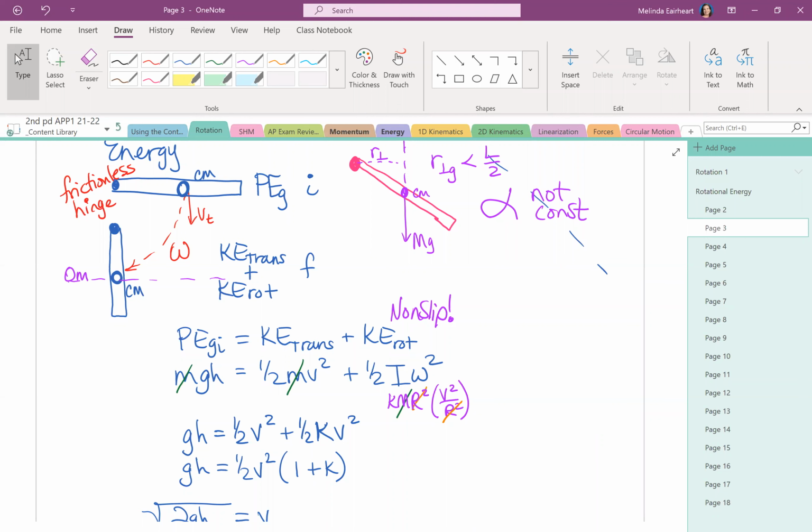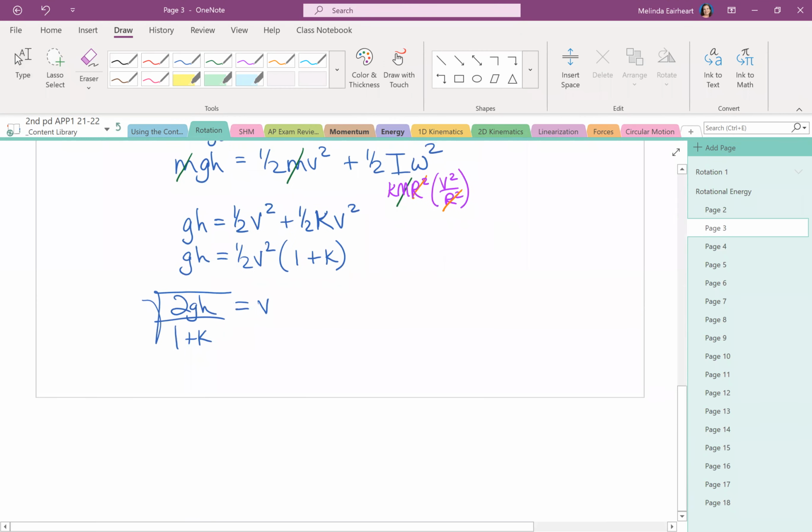Well, no, that was a different position. So it would have, yes. So it'd be half the length. Yeah, it's going to be half the length. So if height change is going to be half the length, they told us the length is 2 meters. And so our height change is going to be 1.